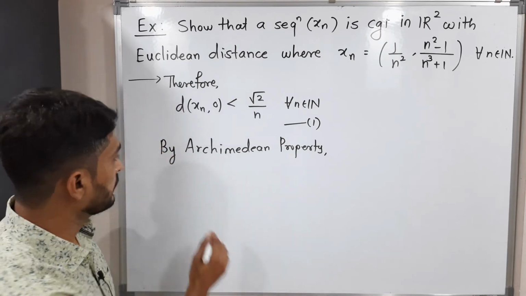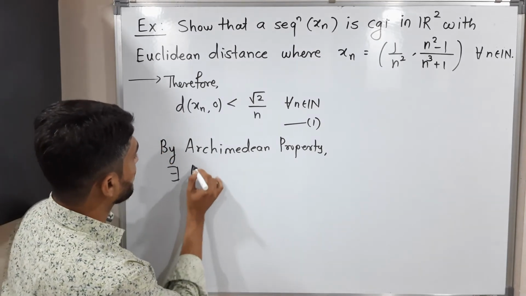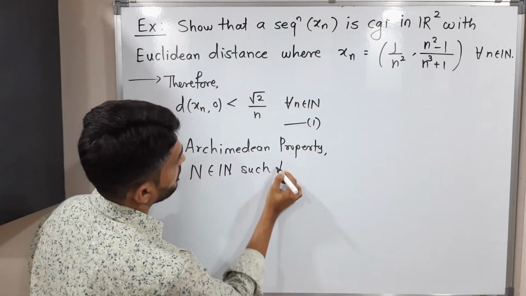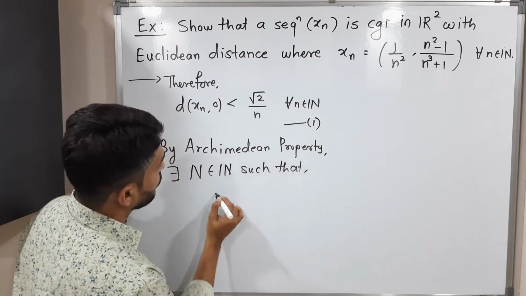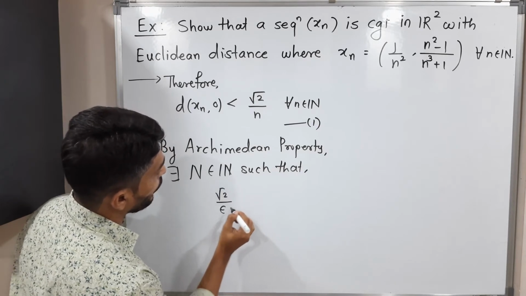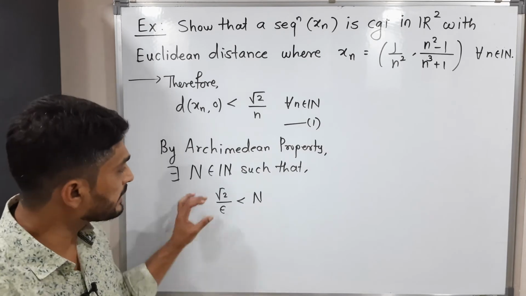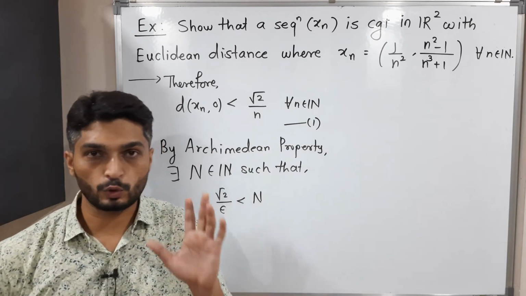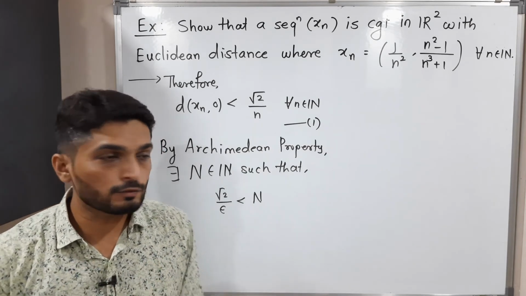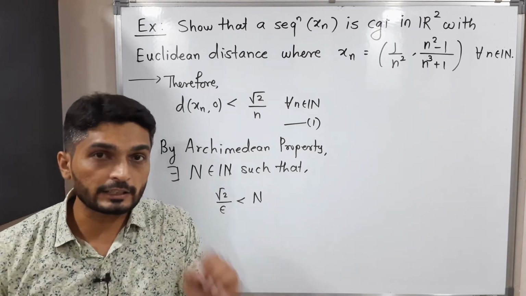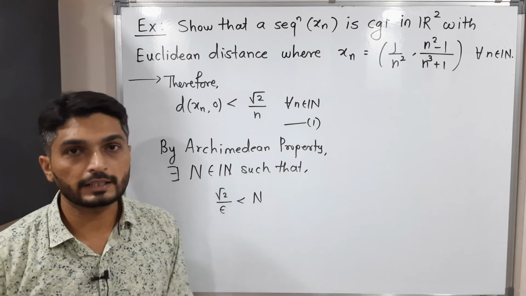So here also we can write there exists capital N belongs to the set of natural numbers such that root 2 by epsilon is less than capital N. So I have considered this real number root 2 by epsilon. The Archimedean property says for any real number, we can find a natural number capital N which is greater than that.